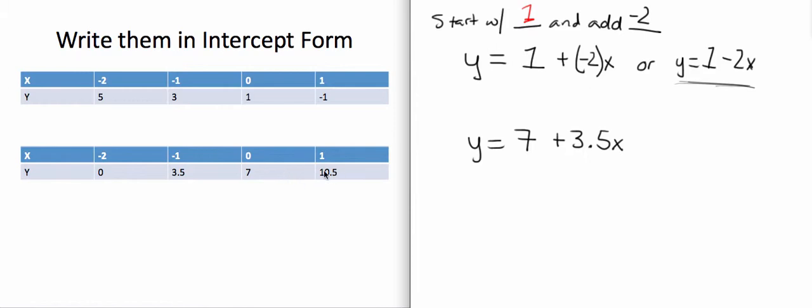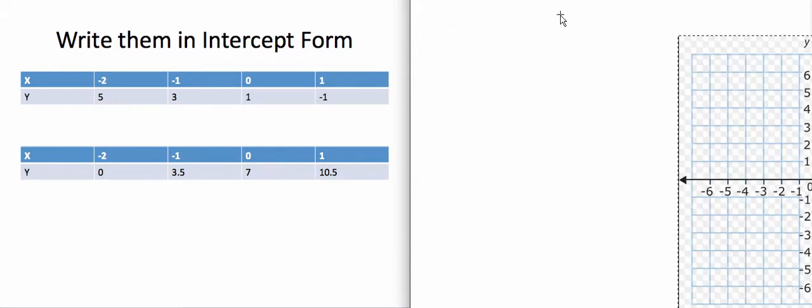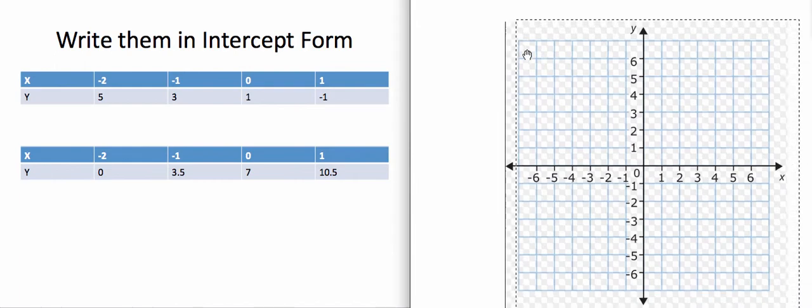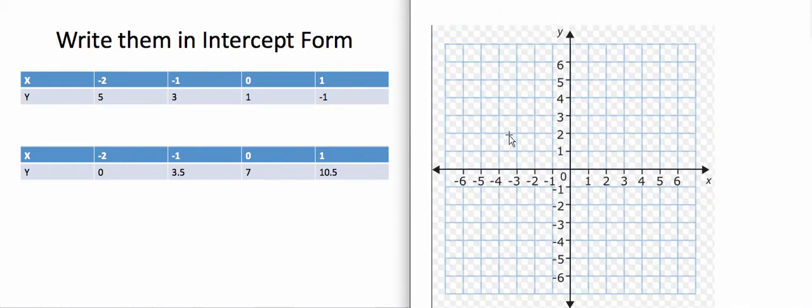Fairly simple, hopefully. Going here, remember we're always looking for where x is 0. That's our start with value. Now we could also graph these, and when we graph these, we would plot our points through here.